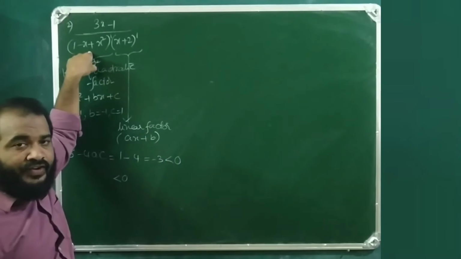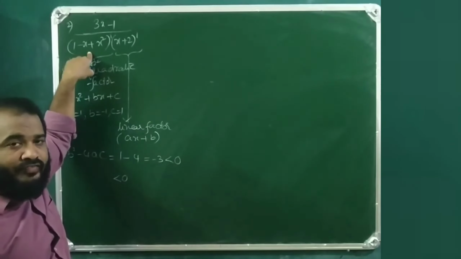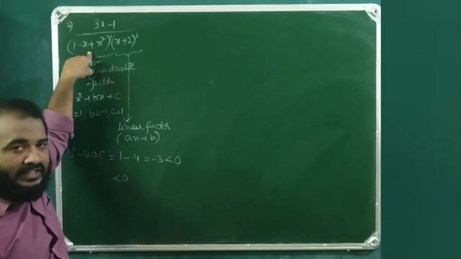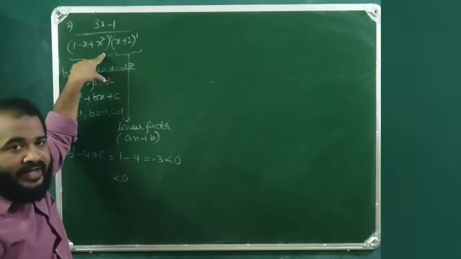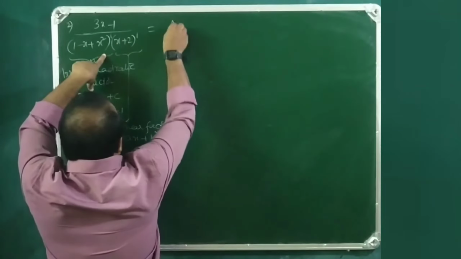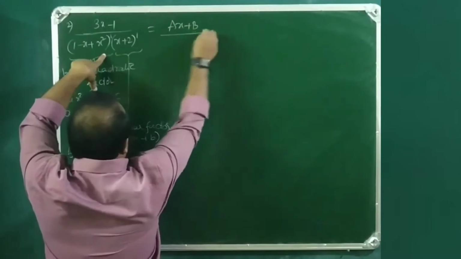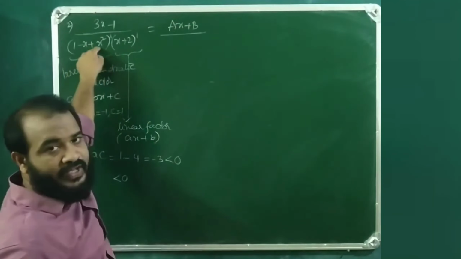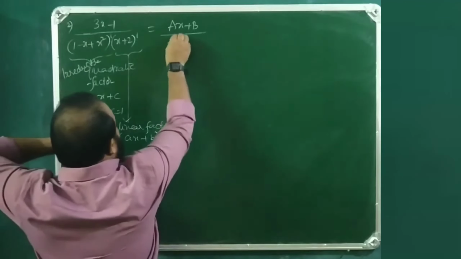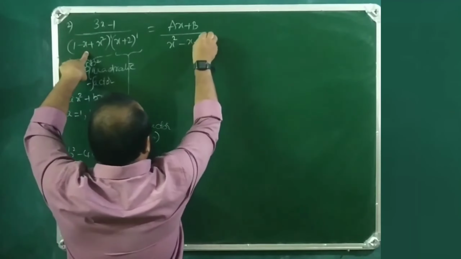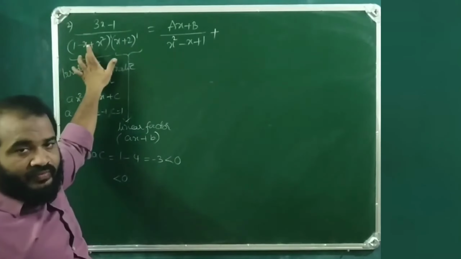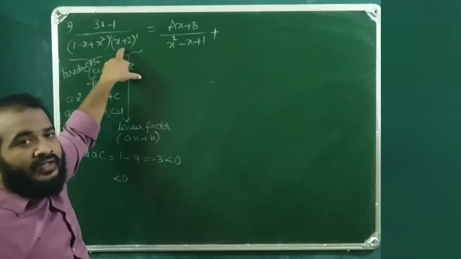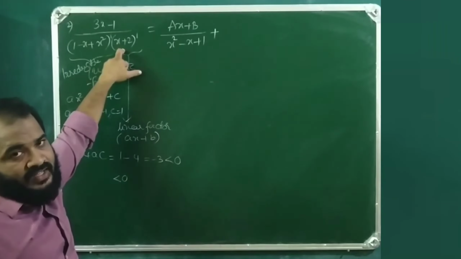So for every irreducible quadratic factor of ax square plus bx plus c in the denominator, there will be a partial fraction of the form ax plus b by ax square plus bx plus c. Here, x square minus x plus 1. Plus, type 2 is this, the non-repeated linear factor.